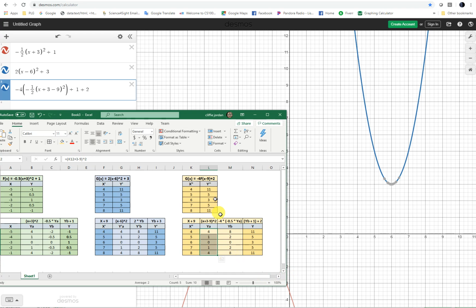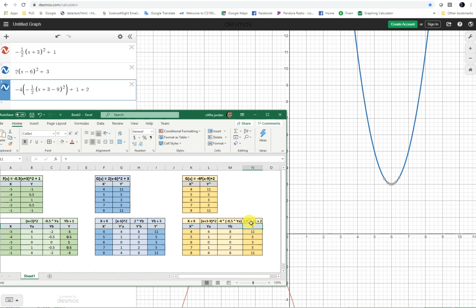And then the next part is I take the original f of x, which has the -0.05 times this, and then I multiply that by the -4 here. So that's the -4 times the original f of x, -0.05 times that value. It gives me this number.